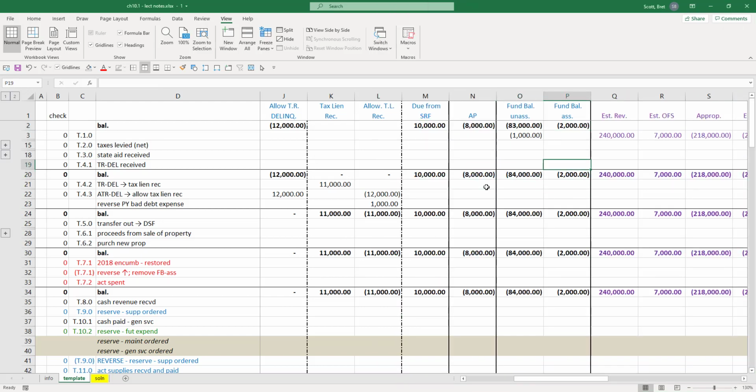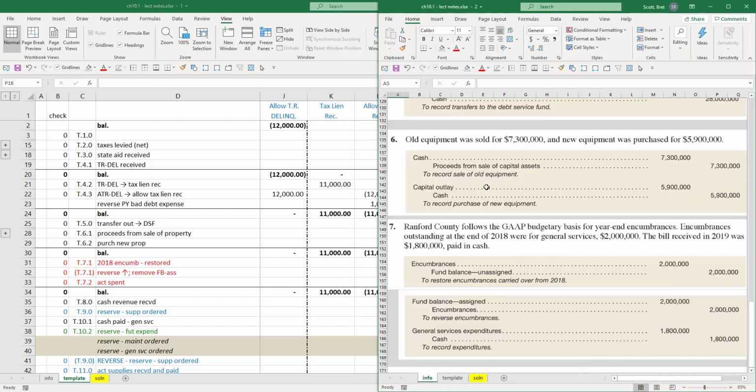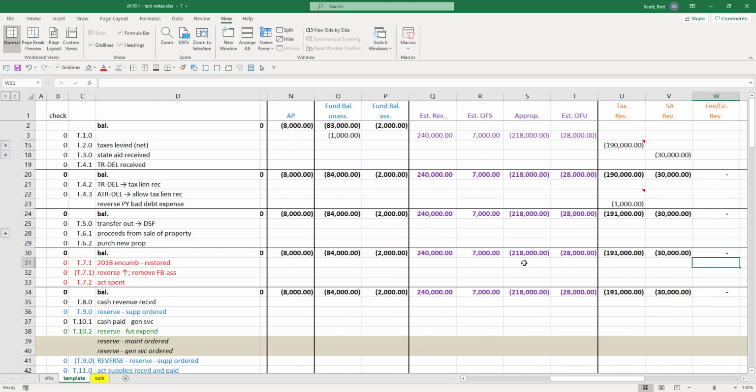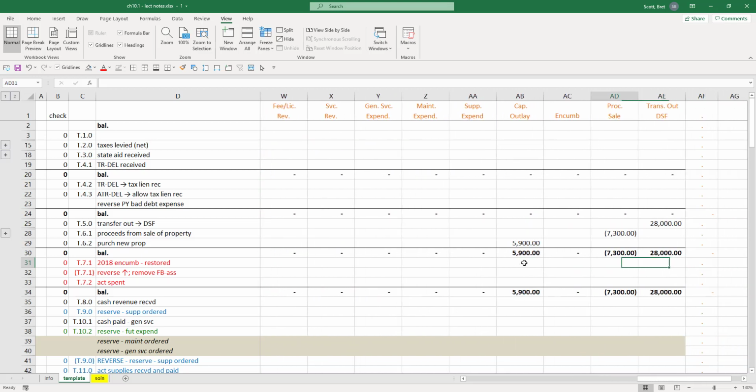So let's go to the unassigned fund balance here. When we do this, we'll start with the unassigned, come down to 2018 encumbrance restored. So we've got this debit to encumbrances, which ordinarily we use in the current year when we actually order something but haven't received it. So let's just go ahead and follow along with what they tell us to do.